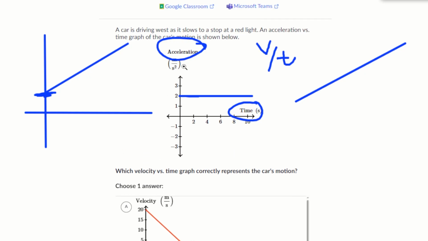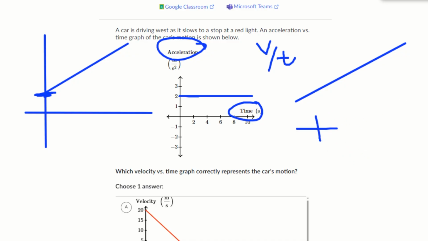And if that velocity was positive initially and you add a positive acceleration, it's just going to continue to speed up. But if you add a positive acceleration to a negative initial velocity, it's going to slow down, because that negative is going to be canceled out by this positive.